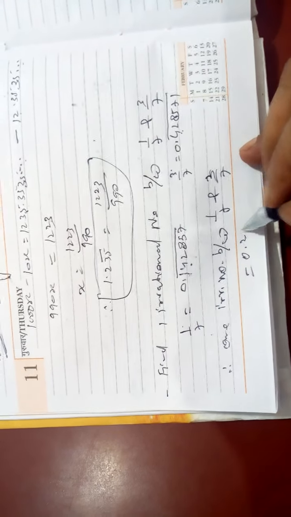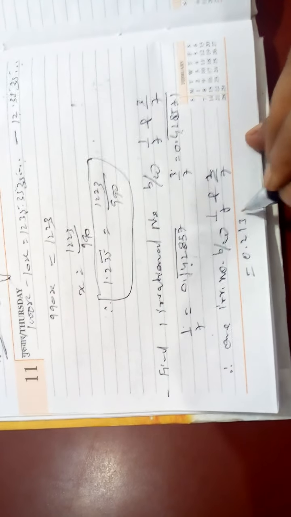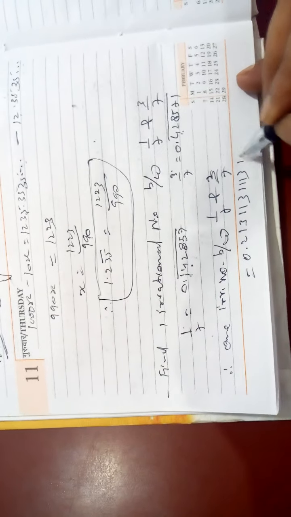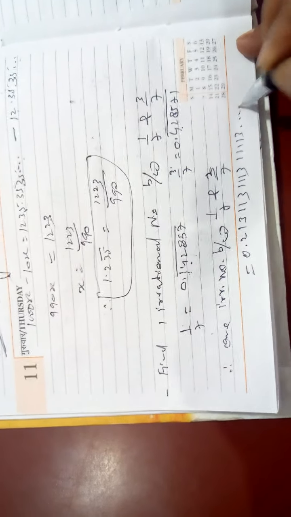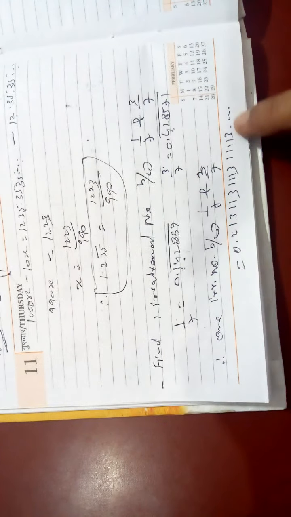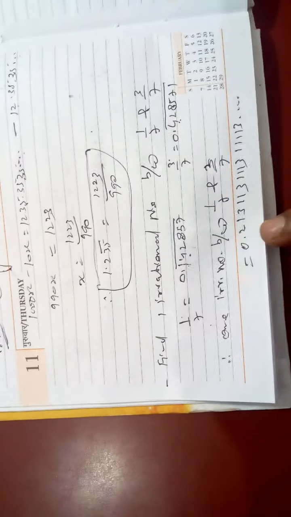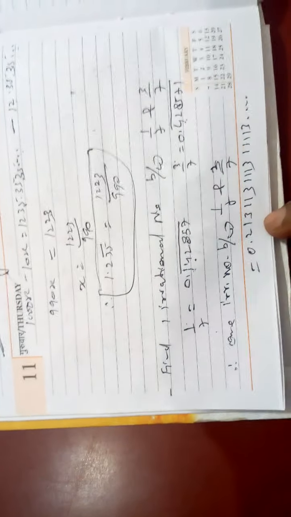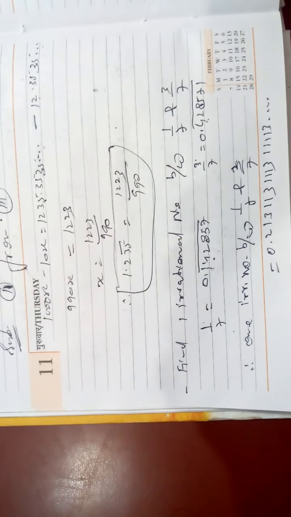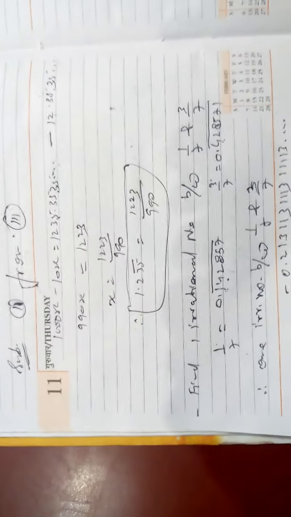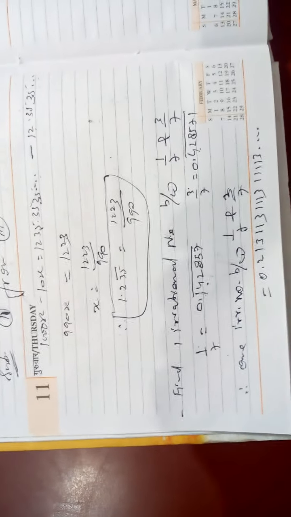And after this any number you write, 0.2131313, and so on. It is non-terminating, non-repeating decimal and it is called an irrational number. So between rationals you can write infinite irrationals, and between irrationals also you can write rationals.